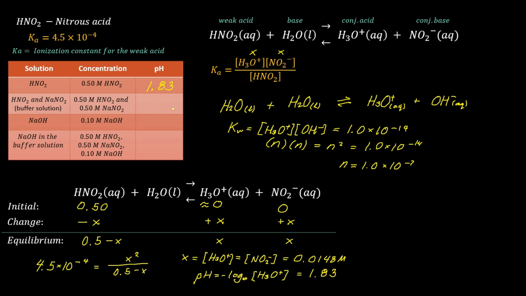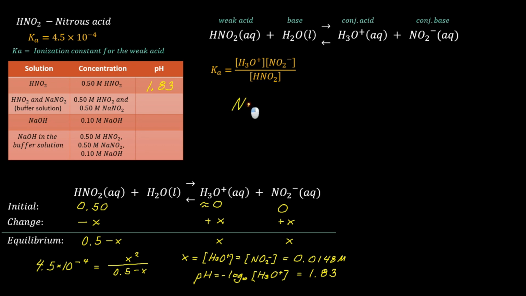Now let's move on to the next row. What will happen after this? What will happen if we place 0.5 mole per liter of sodium nitrite? So let's say we place 0.5 mole of the salt sodium nitrite to our liter of nitrous acid solution. Sodium nitrite is a soluble salt. I encourage you to look at the solubility table for salts. So if you place 0.5 of sodium nitrite, all of it will ionize to produce its component cations and anions.